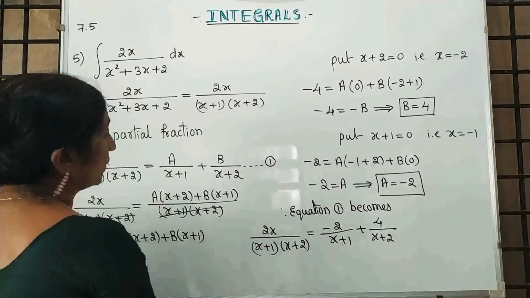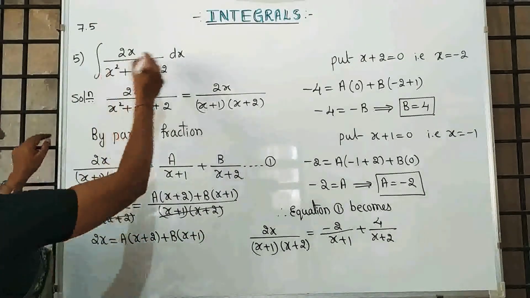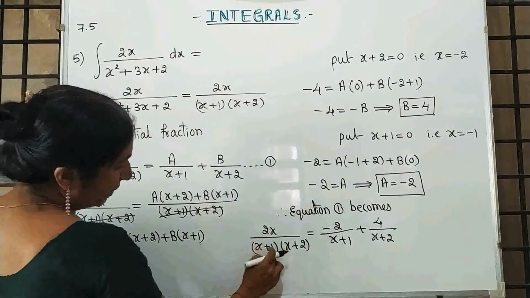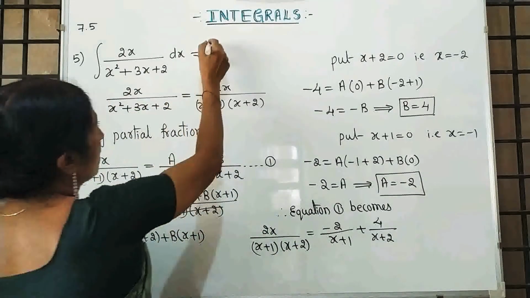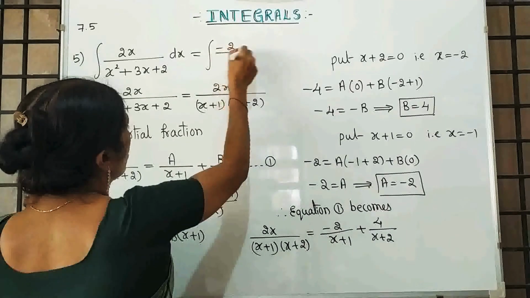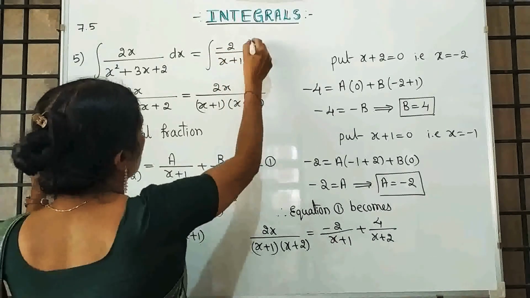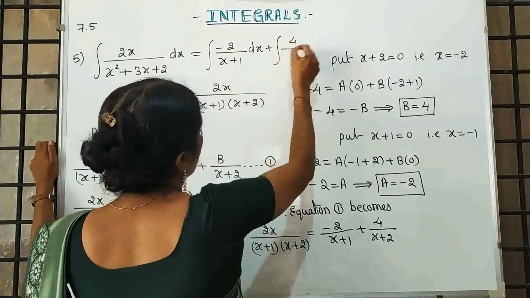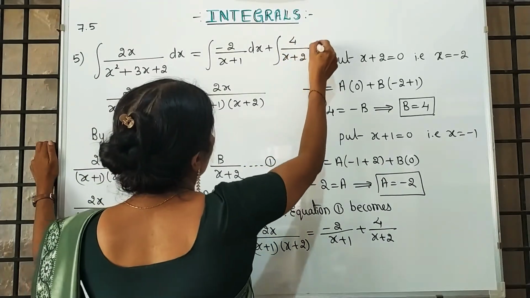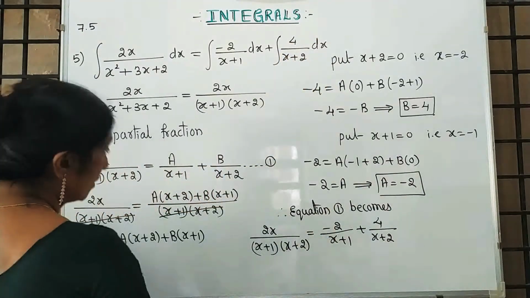Now integrate with respect to x on both the sides. Either you write x plus 1 into x plus 2 or multiplied form, which one you want you can write. So it is minus 2 upon x plus 1 into dx plus 4 upon x plus 2 into dx.